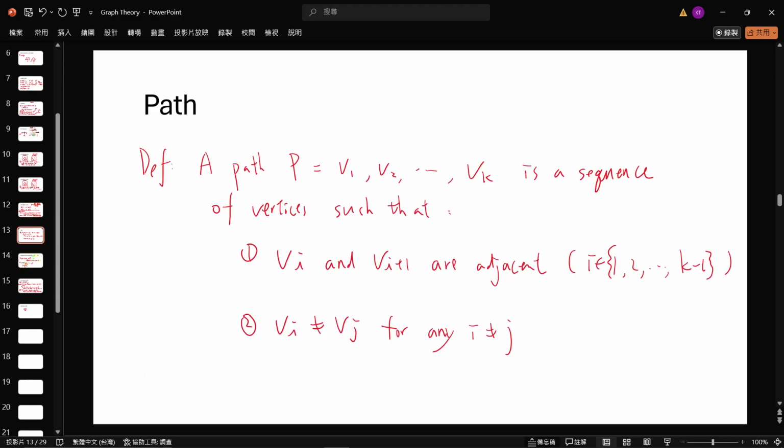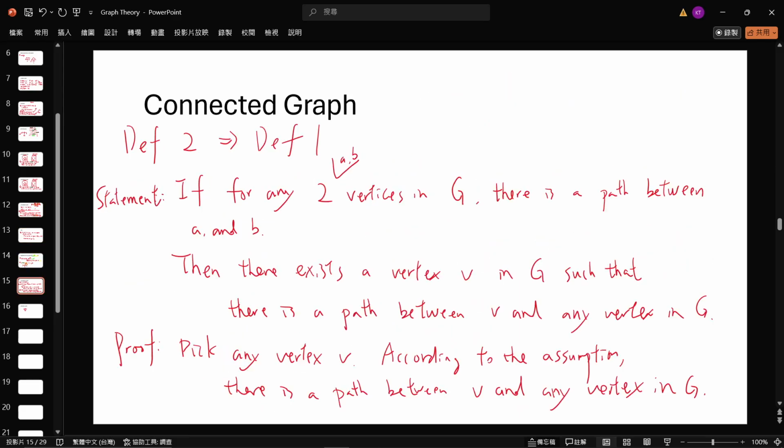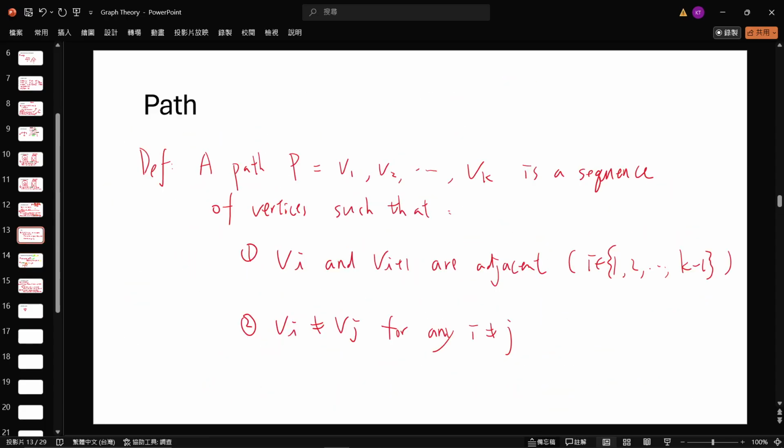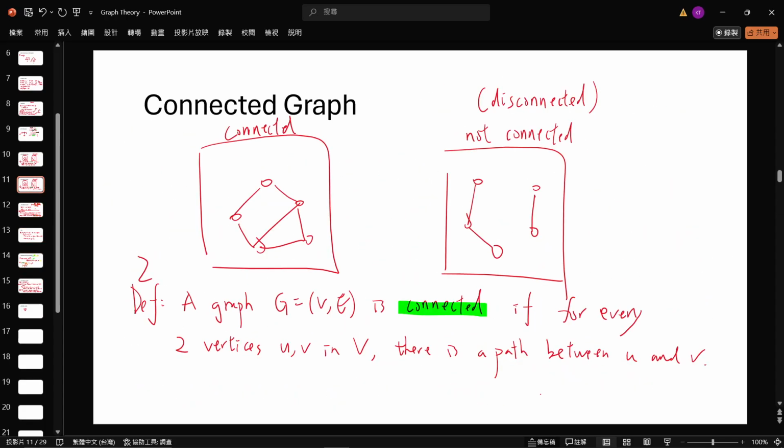When you have the notion of direction, I think it's somewhat easier to extend definition 2 to directed graphs, because all you have to modify is that there's a path from U to V for any two vertices U and V. But here we need to consider UV and VU as different pairs.